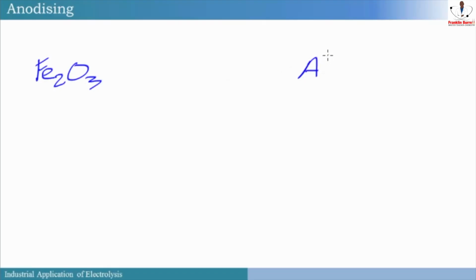And corrosion of aluminum will form aluminum oxide. Now these two metals, iron and aluminum, underwent the process of corrosion. But this process here for iron is called rust or rusting.